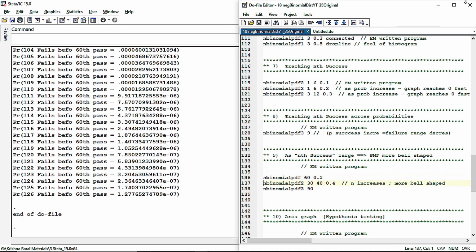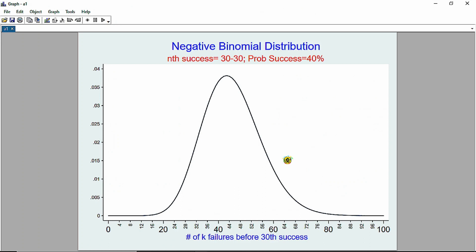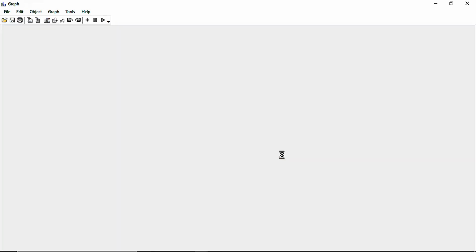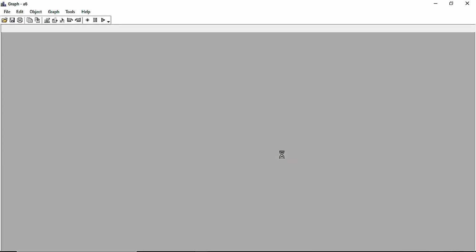Let us reinforce this once more, and we are ranging the nth success from 30 to 40, and we will see the graph, and the probability of success is 40%, and we see the graph is more like a bell-shaped curve, and as the nth success increases, it will ultimately coincide with the normal distribution.